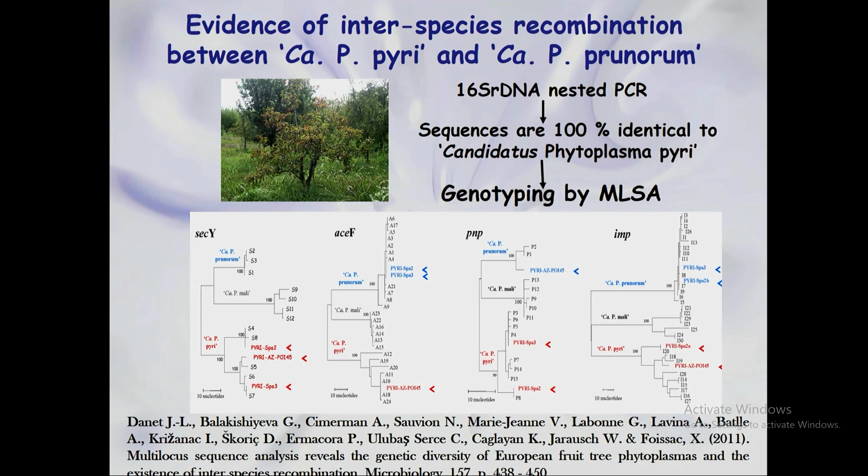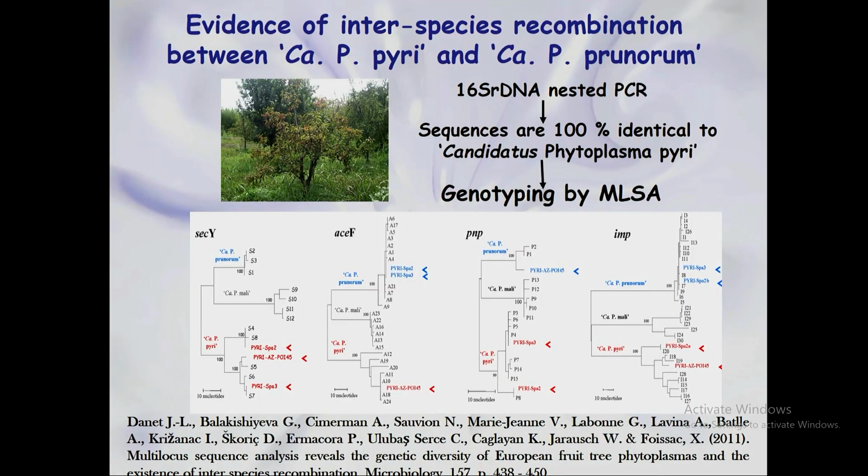And then we have found the Candidatus phytoplasma prunorum on apricot, on plum tree, and Candidatus phytoplasma piri on declined pear tree. And we performed the multilocus sequence analysis on 4 genes, secY, ASF, PNP, and IMP, where the Candidatus phytoplasma prunorum was well classified in the Candidatus phytoplasma prunorum cluster.